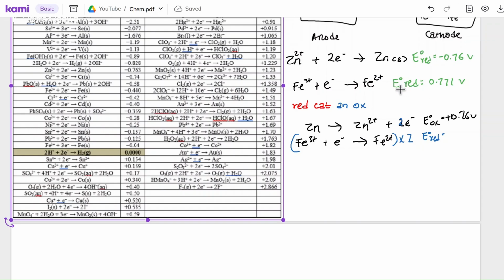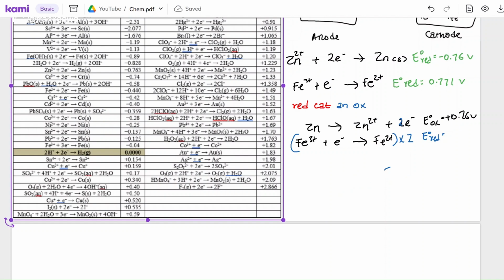The standard E cell never changes. Whatever value is here, it's always going to be that regardless of the coefficients or the molarity. The other E value I was talking about earlier does change, but we'll get into that later.